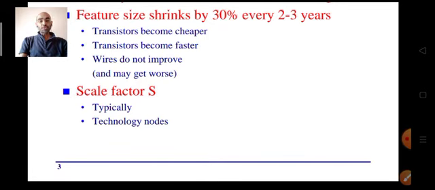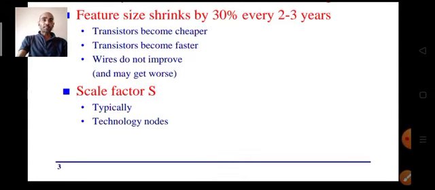So if you want to reduce the area to half, then each of the device dimensions will get reduced by 30%, because to get 0.5 A, if I assume that each device is a rectangle, then the area of the rectangle is length into width, right? So the product of length and width should become 0.5. So the length and width should separately reduce by 30%.